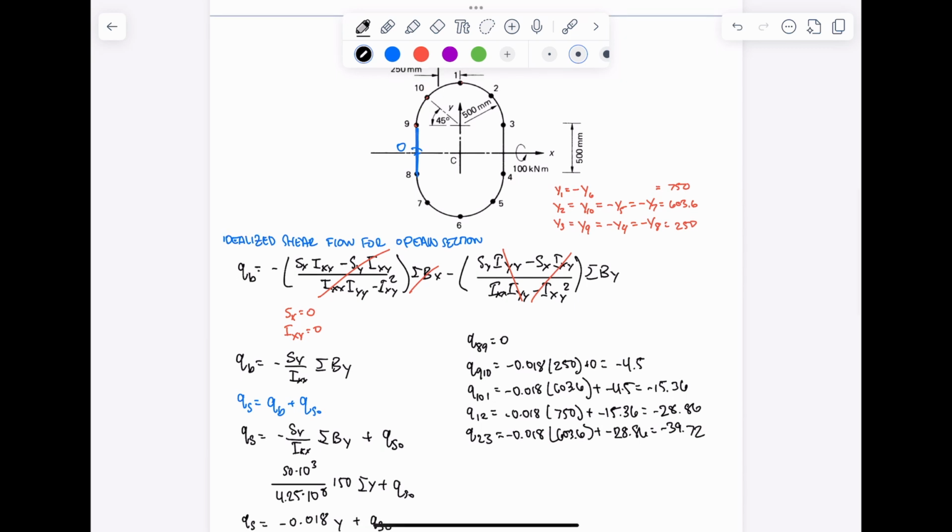And we can solve that to be negative 39.72. And now we need to solve for its shear flow from 3 to 4.